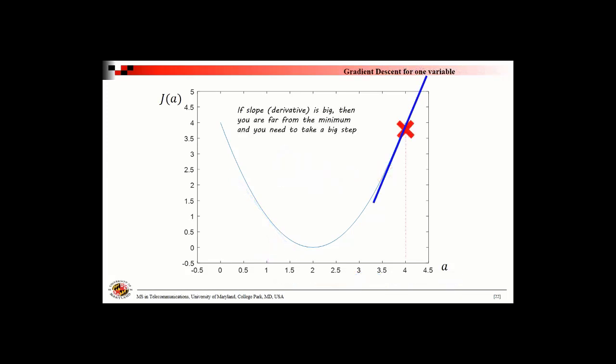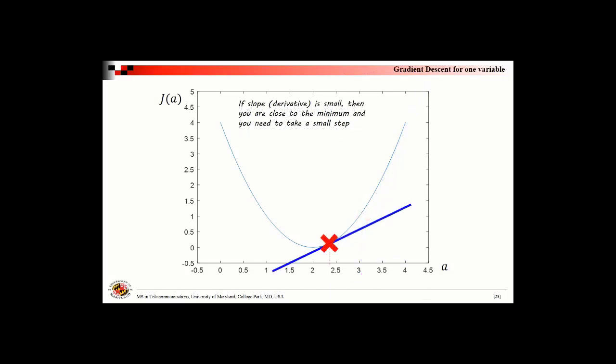So what's a good idea for choosing our step size? In a convex function, if you're far away from the minimum, it makes sense to make a big step towards the minimum. That way, when you update your a, the new a will be equal to the previous a minus a big step. If, on the other hand, I'm already very close to the minimum of j, well, it makes sense to take a small step so that the new a is equal to the previous a minus a very small step.